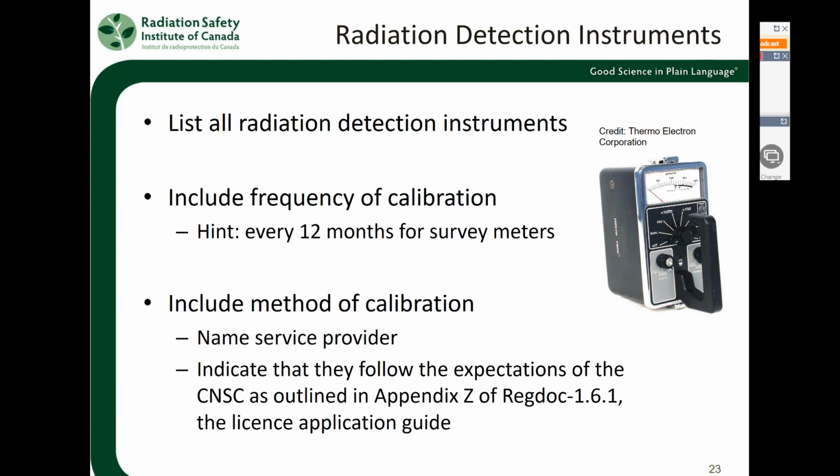You'll need to name the service provider for your calibrations, and the wording here we want to have is that the service provider follows the expectations of the CNSC as outlined in Appendix Z of RegDoc 1.6.1, the License Application Guide. The CNSC does not license or approve calibration services, so that is why we have that wording of showing that they follow the expectations of the CNSC.